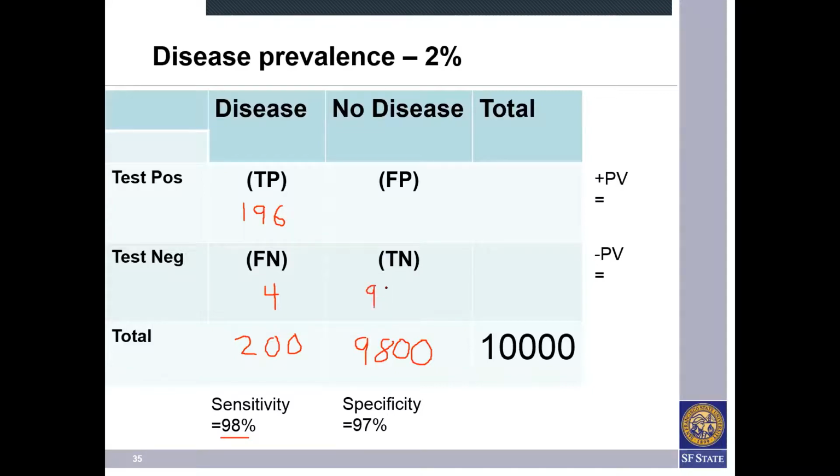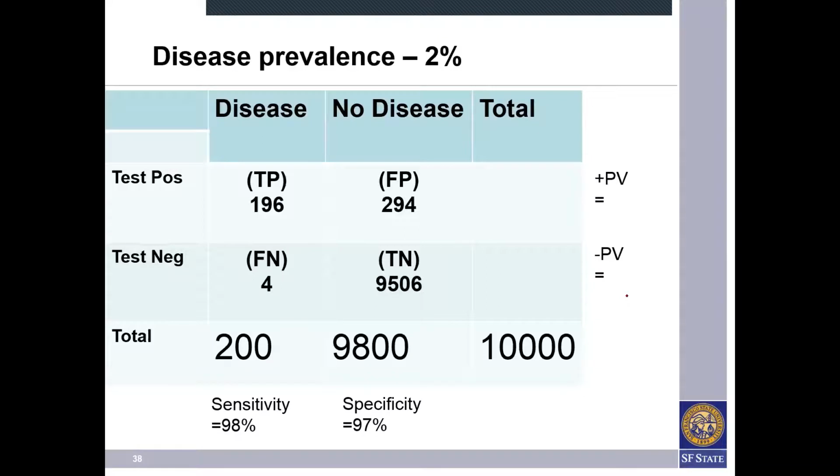9,000 what? 506? Yeah. And the remaining 294 are false positives, yeah?